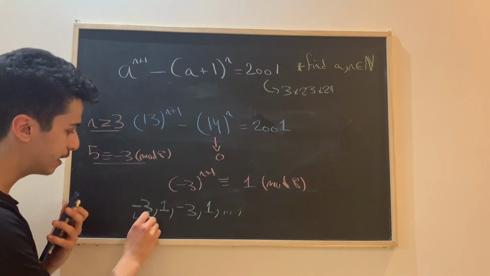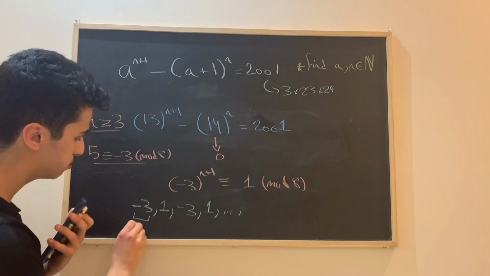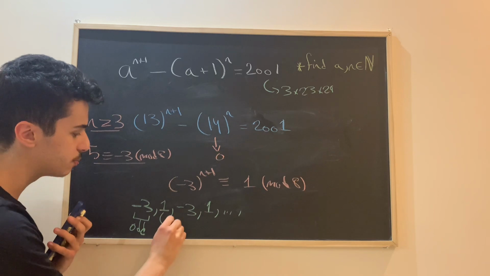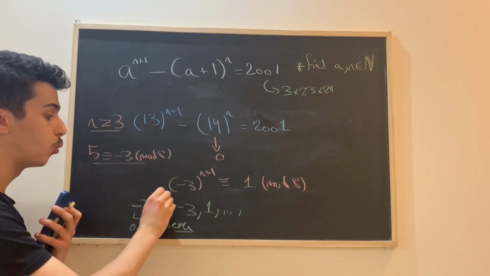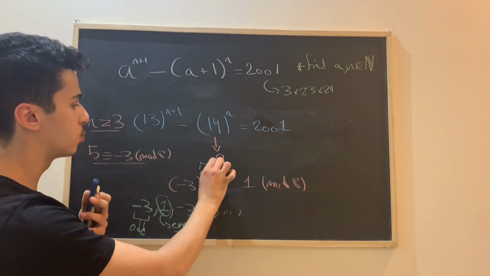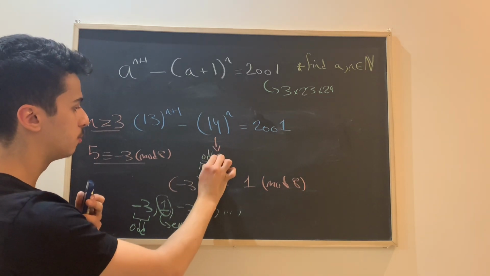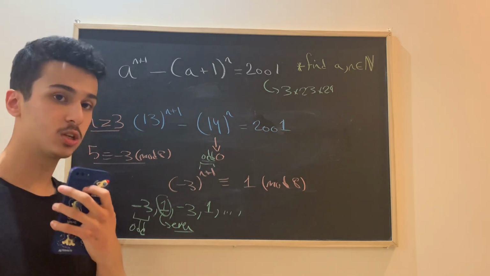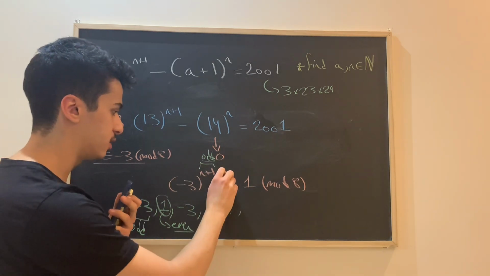For odd powers, we'll get negative 3, and for even powers, we'll get a 1. Now, we know that n is even, and so n plus 1 is odd. But since it's odd, we'll always get a negative 3, and therefore this congruence will never be satisfied.